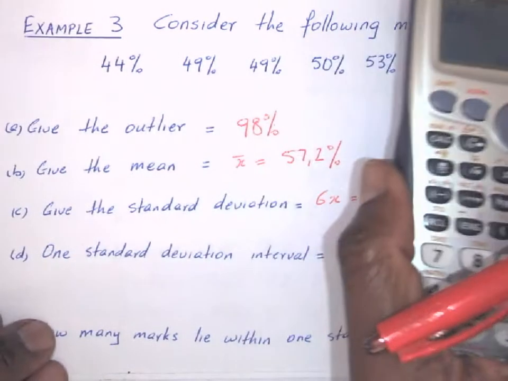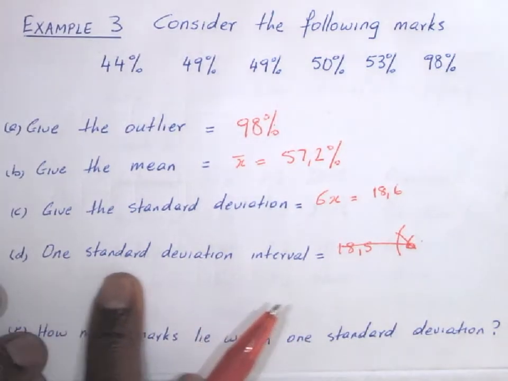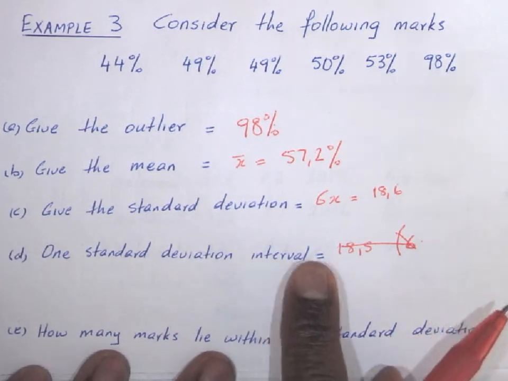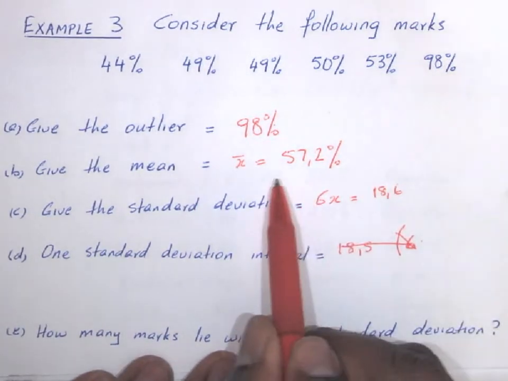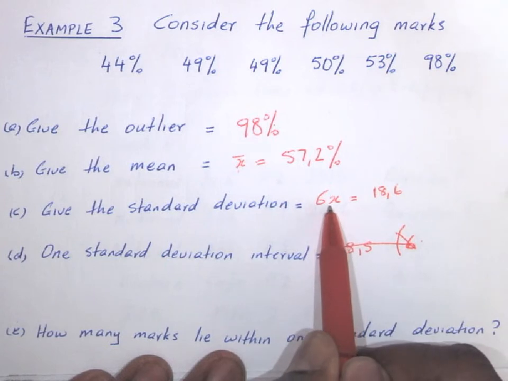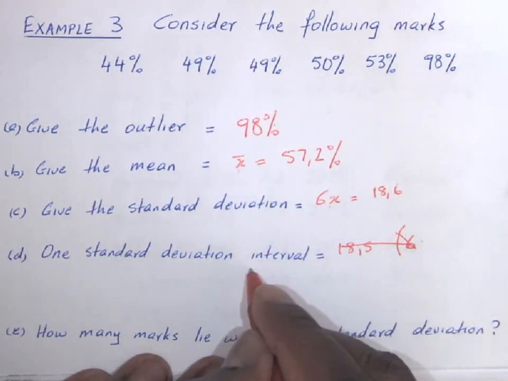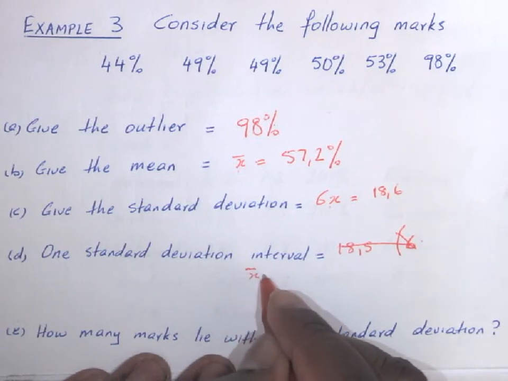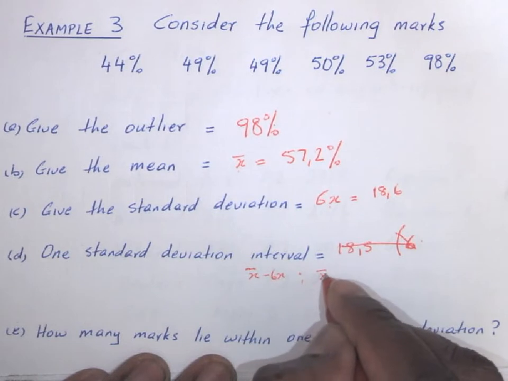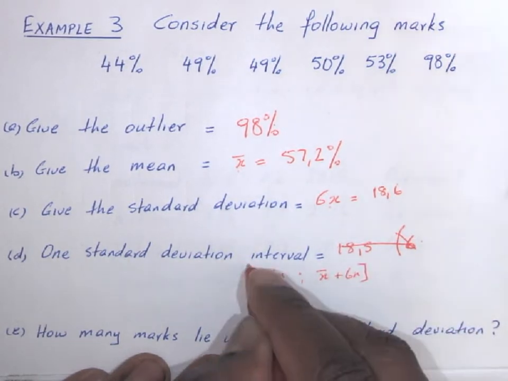Now the next one says I've got to calculate the one standard deviation interval. It means you take your mean and subtract the standard deviation, and for the other value you take your mean and add the standard deviation. That will give you the interval.